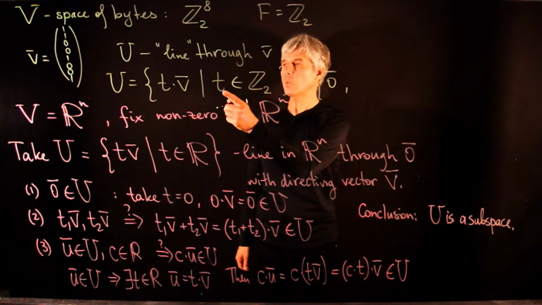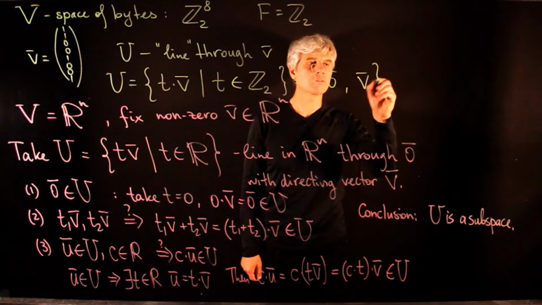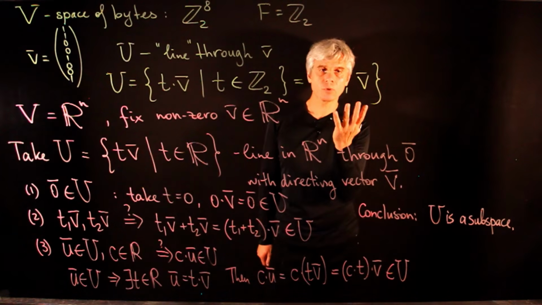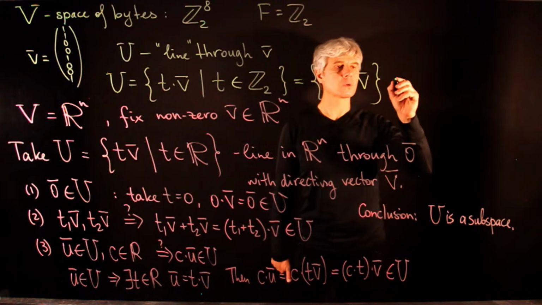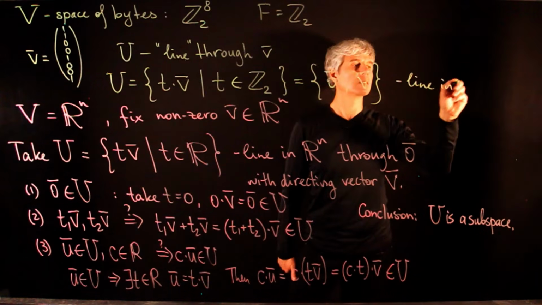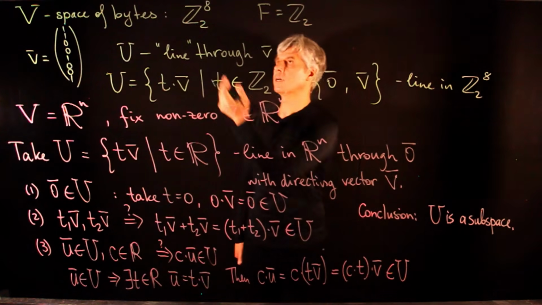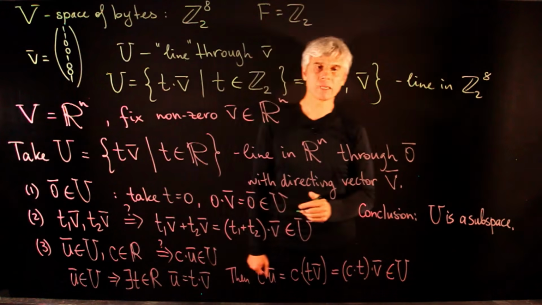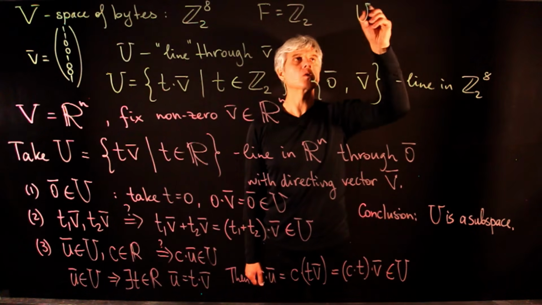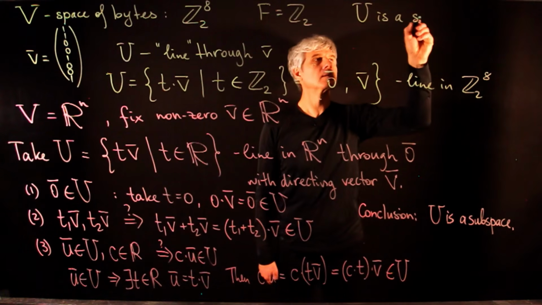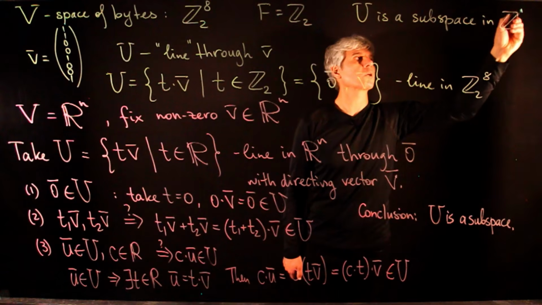And if T is equal to 1, then 1 times this byte is this byte itself. So this set of two vectors is a line in this space. So this is a line in Z2 to the power 8. This is how lines look in the space of bytes. And we claim that U is a subspace in Z2 to the power 8.